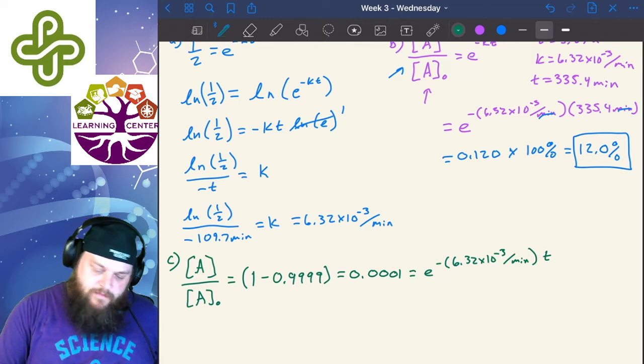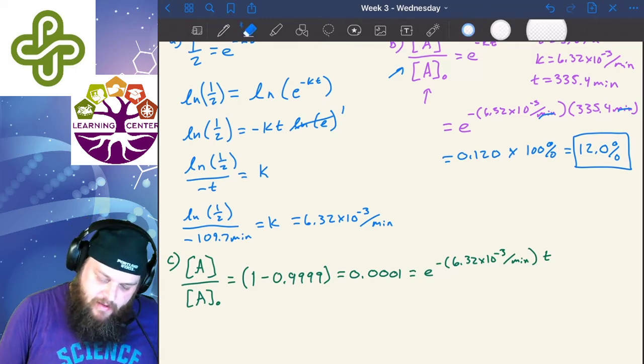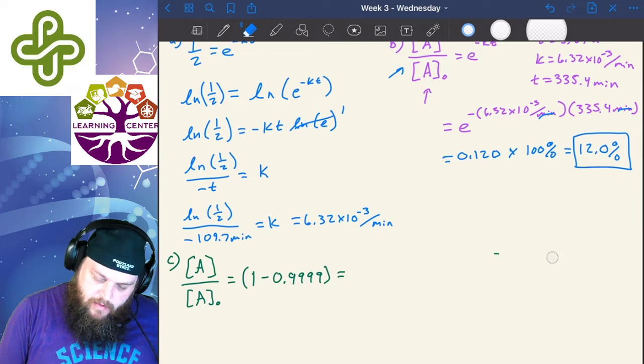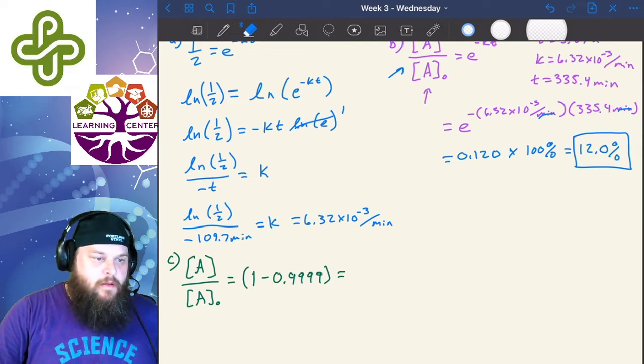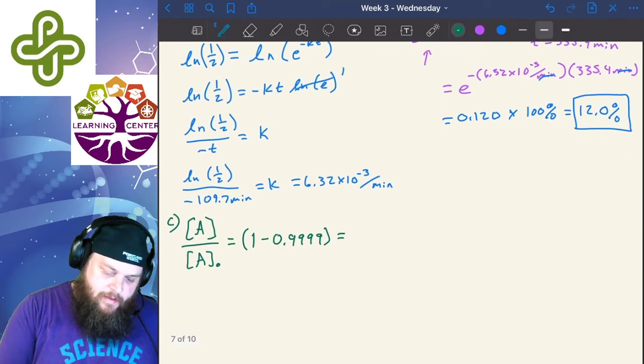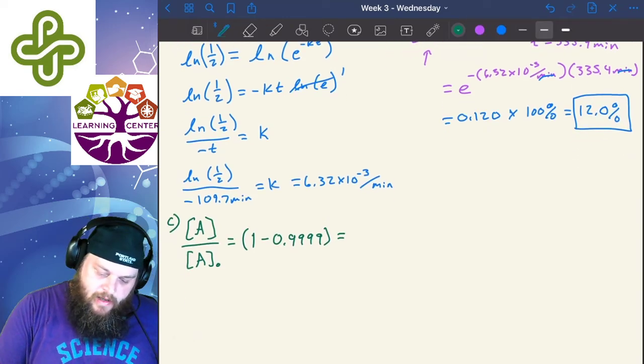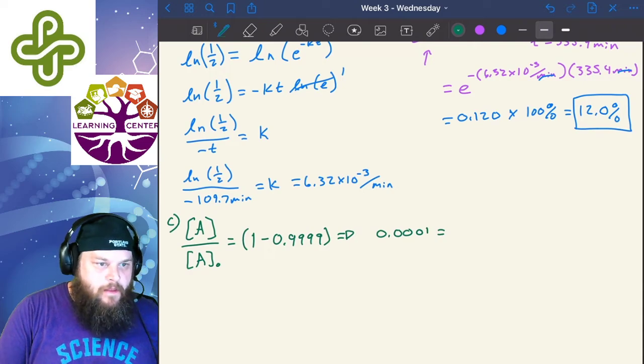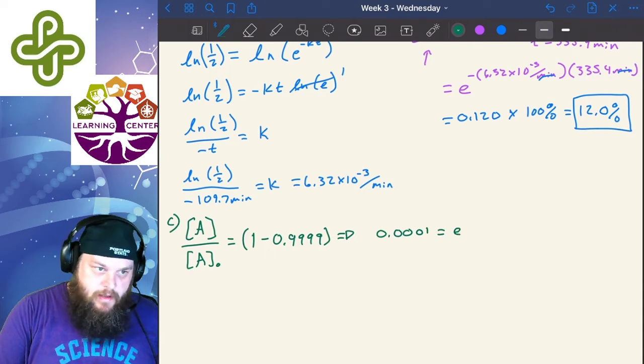So actually I jumped ahead probably a little bit. What I want to do is put this in here now. So I have the equation 0.0001 is equal to e to the negative kt.